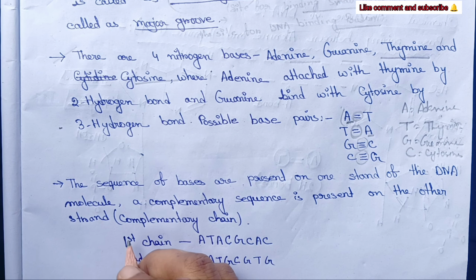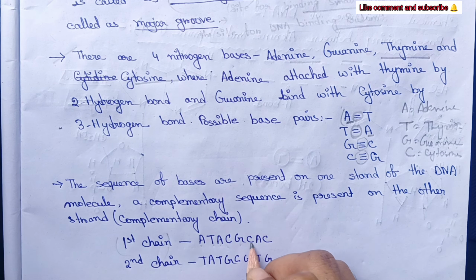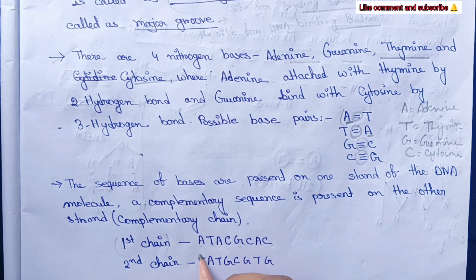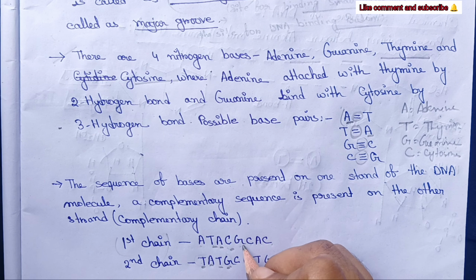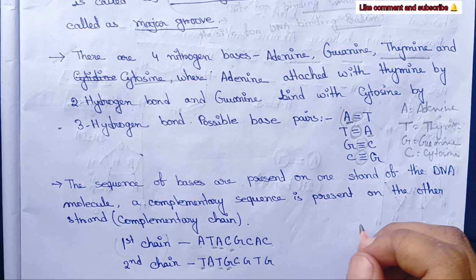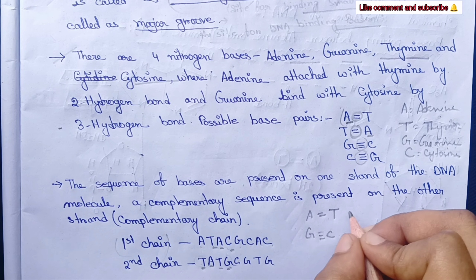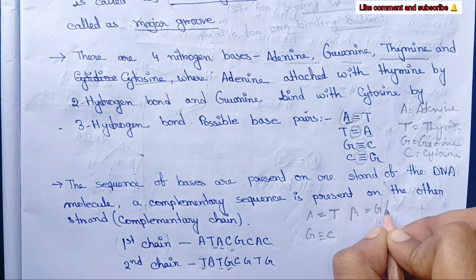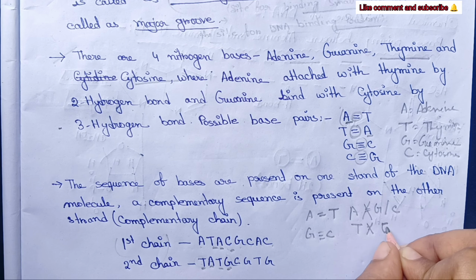Means if the first chain has adenine, thymine, adenine, cytosine, guanine, cytosine, adenine, cytosine, then in the opposite strand there will be thymine opposite adenine, adenine opposite thymine, guanine opposite cytosine, and cytosine opposite guanine. In the same way, adenine binds thymine and guanine binds cytosine, but adenine cannot bind with guanine or cytosine, and thymine cannot bind with guanine or cytosine.